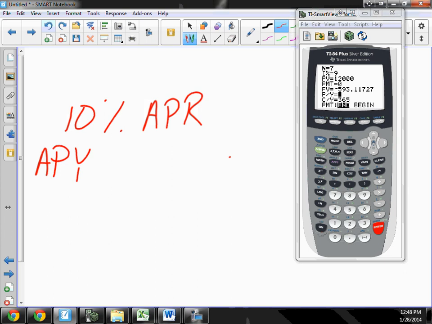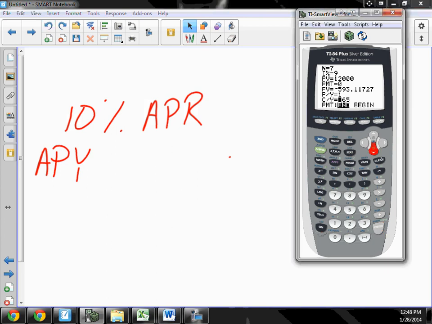So hourly, I'm going to change my compounds per year, 365 times 24. And then I'm going to recalculate the future value, which was a little bit higher than it was before. What do I want to do to the future value? Divide it by 12,000.